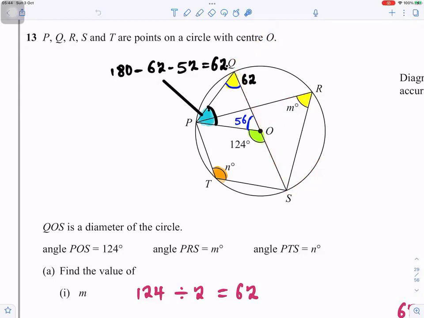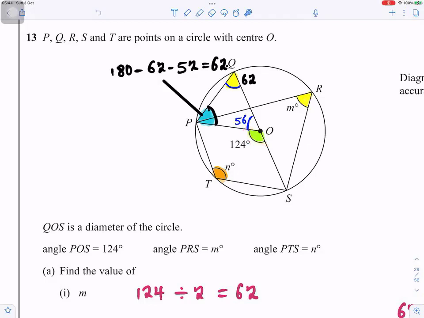Angle POS is 124 degrees. O is where the angle is in the middle. So if you go there, you see O there. So that angle POS is 124 degrees.